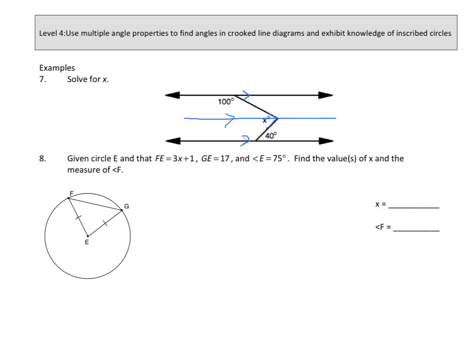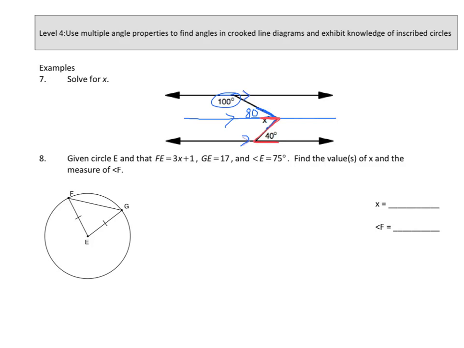Now, if I know that this angle right here is 100, I can use same side interior angles to find this little angle right here. These two angles need to add up to 180. So if I do 180 minus 100, I get 80 for this angle right there, which is part of angle X. Then to find the other part of angle X, I could use alternate interior angles.